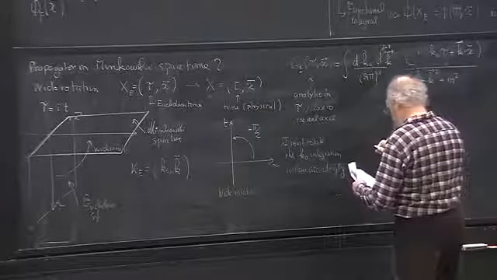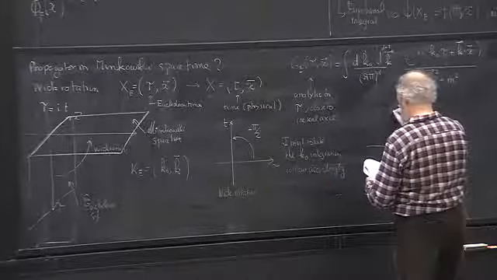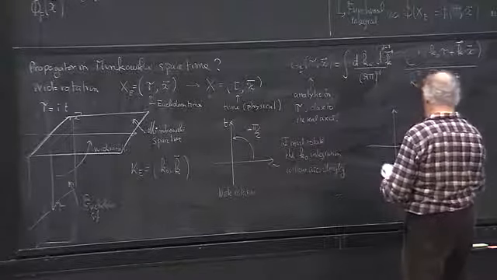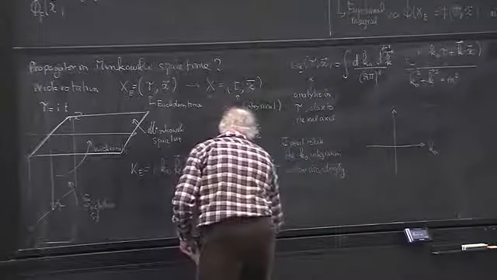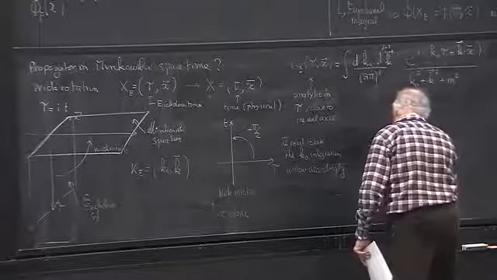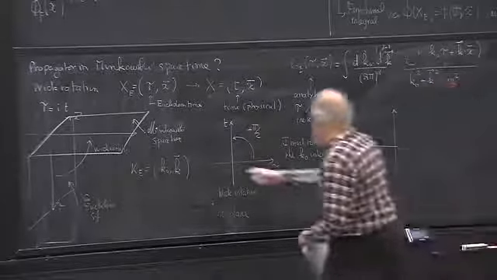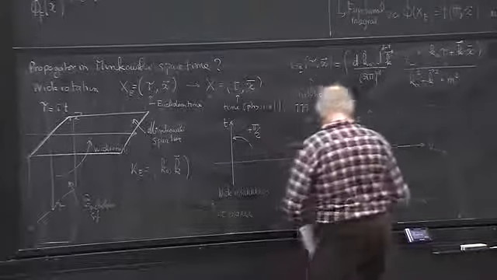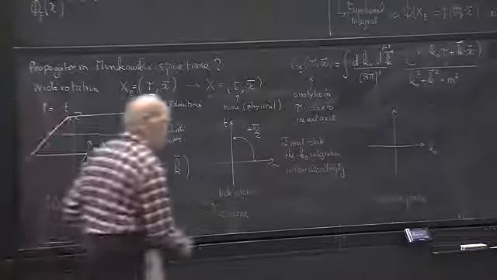So let me just now draw the k0 plane. So this is the time plane, and this is the conjugate momentum plane for the time coordinate. When tau is here, I'm integrating over a contour of integration for real k naught.